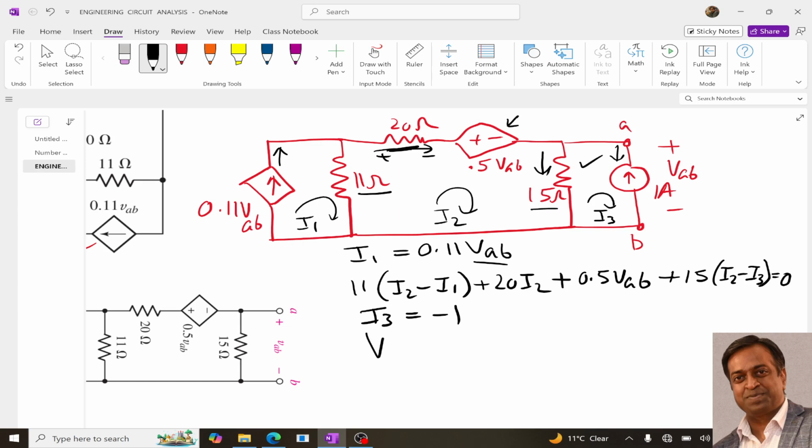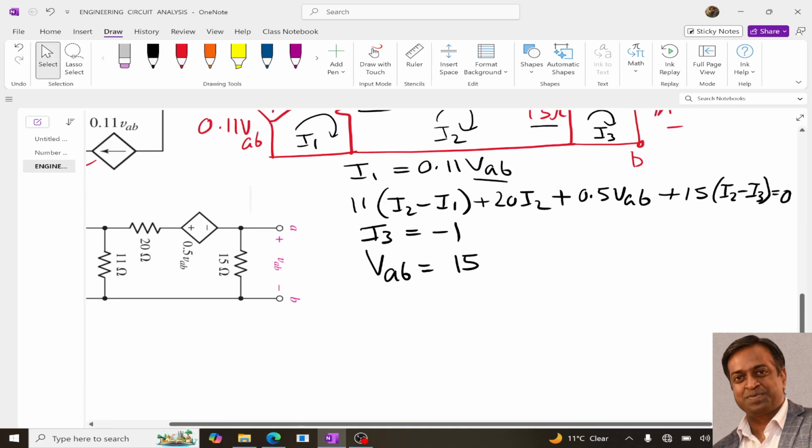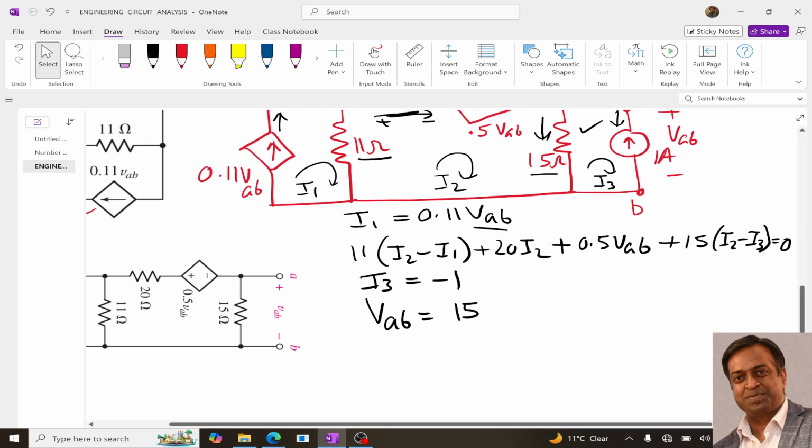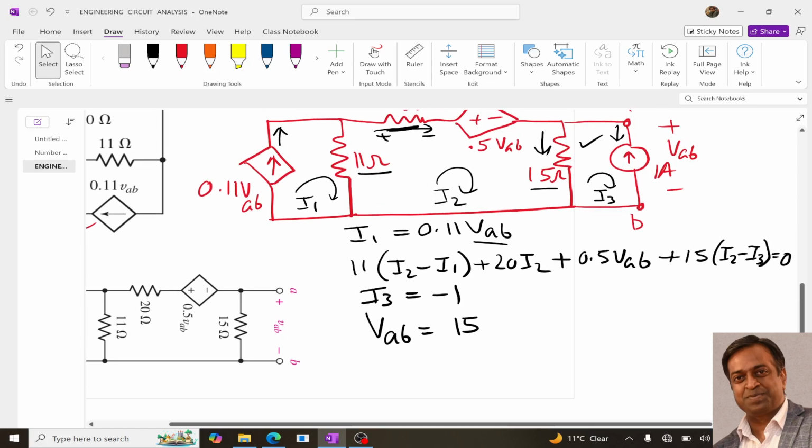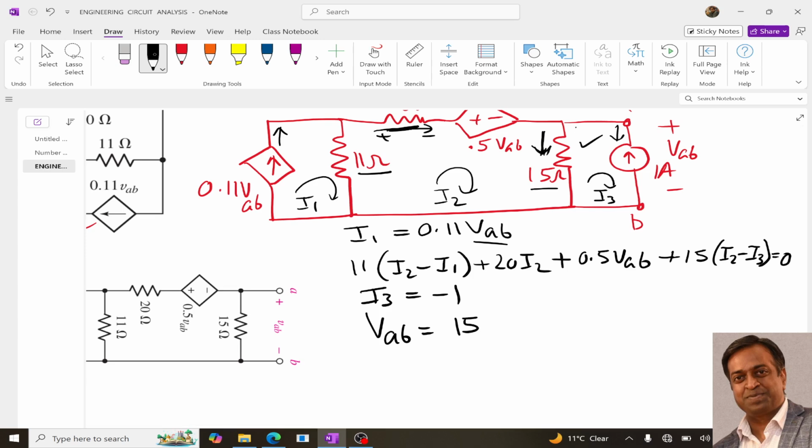So simply we can write VAB is equal to 15 times the current through this 15 ohm. One current is I2, which is coming down, and one current is upward, which is I3. So it will be I2 minus I3.